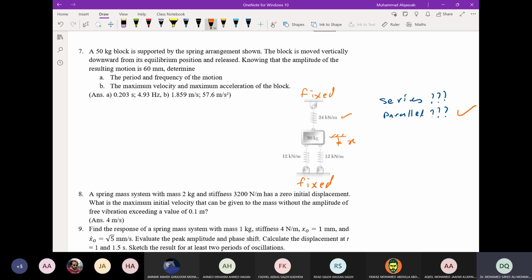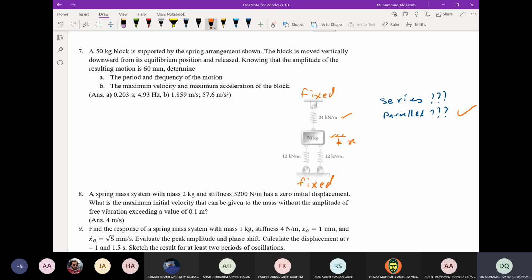They are in parallel because they have the same deflection in absolute value, and it doesn't matter if they are under tension or compression. They undergo the same distance. They are acting on the mass, and you can just apply Hooke's law, it is k times x.